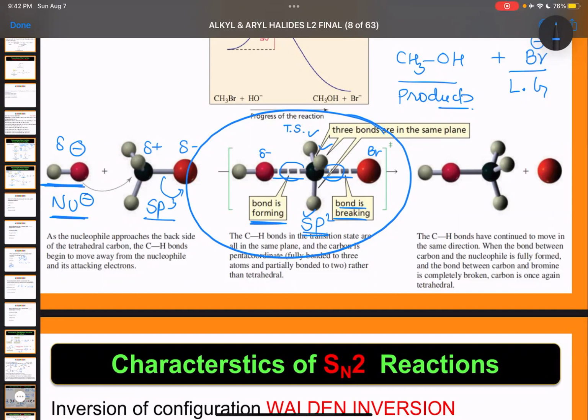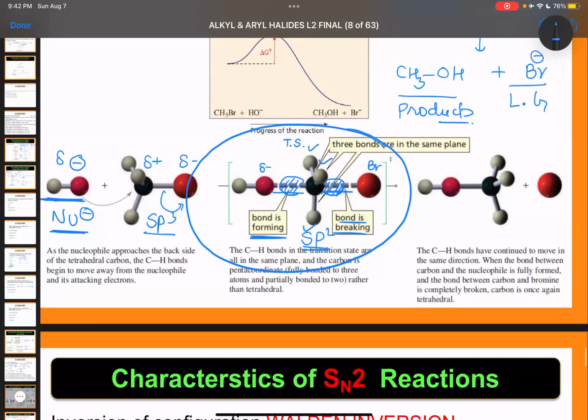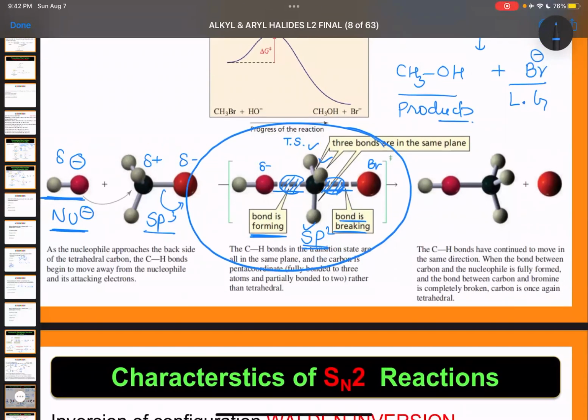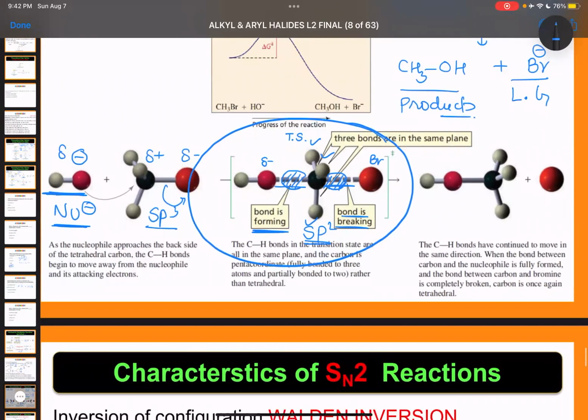And the other p orbital that carbon uses to accept electrons: on one side this p orbital is accepting electrons from the OH minus nucleophile, and on the other side it is giving away electrons to the Br minus, which is slowly collecting its electron density and trying to come out.